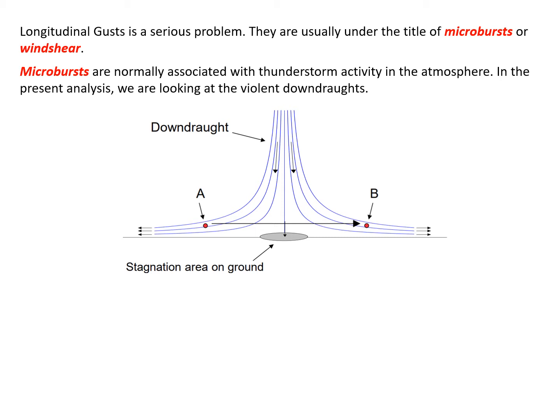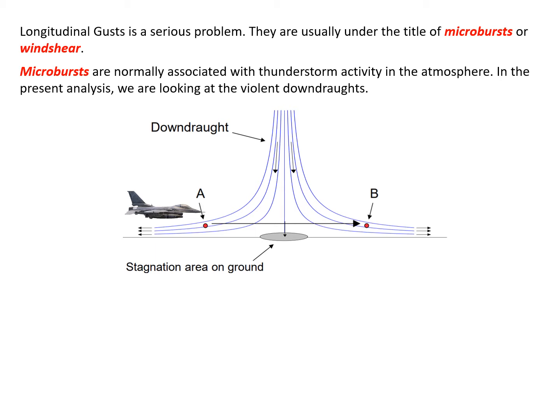Now assume an aircraft is flying from point A to point B. What will happen? Can you imagine? From A to the stagnation point, the aircraft will have head-on wind, so the wind is blowing towards the aircraft.